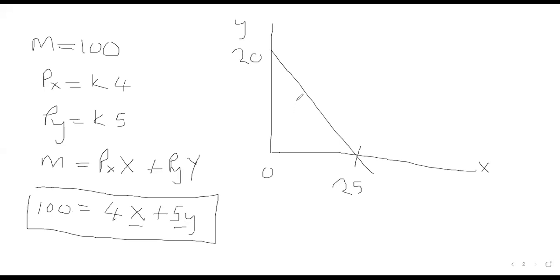Now, this budget line can have 4 kinds of movement. Number 1, you can have movement along the line. It's a movement along due to factors of demand to do with price. Other than price, it will cause a shift in demand.